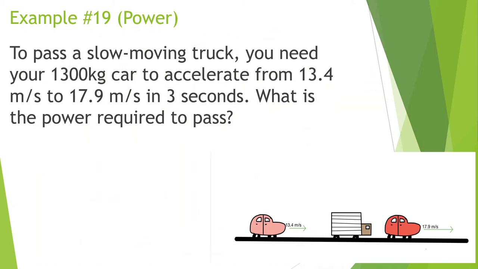To pass a slow-moving truck, you need your 1,300 kilogram car to accelerate from 13.4 meters per second to 17.9 meters per second in 3 seconds. What is the power required to pass? A little bit difficult maybe to see at first, but we should know that power is equal to work divided by time, and total work is equal to the change in kinetic energy.